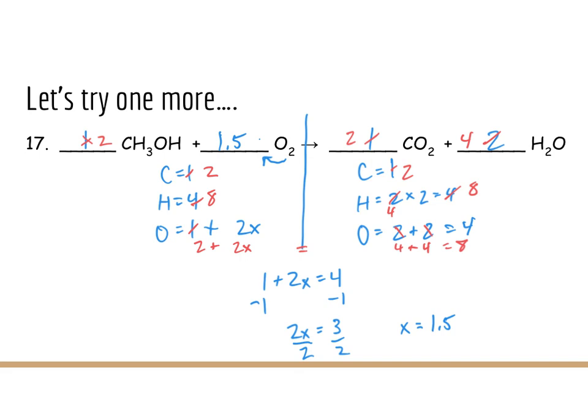If I do this over here in the margin, 2 plus 2x equals 8. Subtract 2, we get 6. 2x equals 6. Divide both sides by 2, x equals 3. So either way, I would accept both come test time or even on the homework, okay?